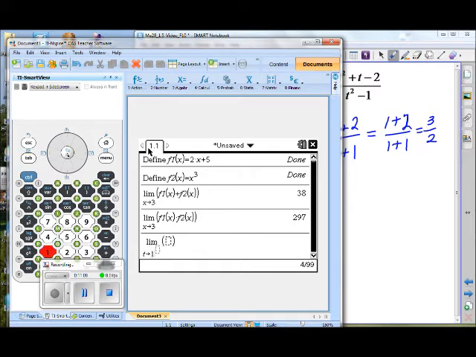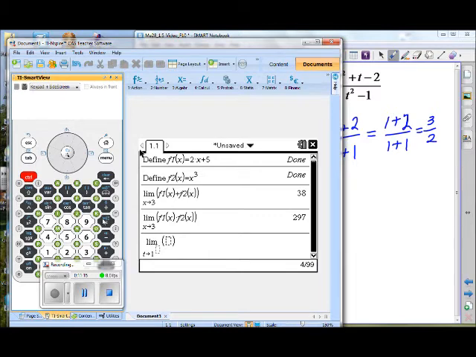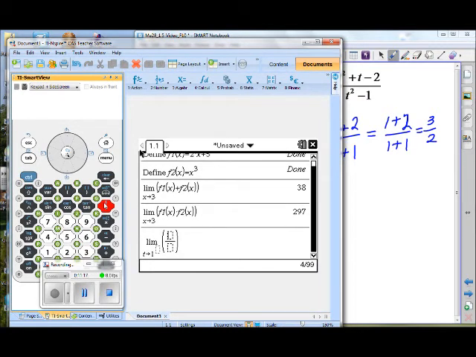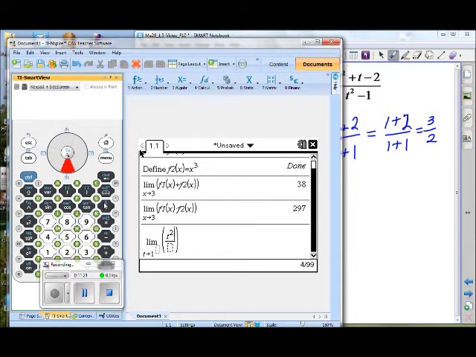As t approaches 1, tab, tab, and we're going to put in a fraction, and we want t squared plus t minus 2, divided by t squared minus 1.